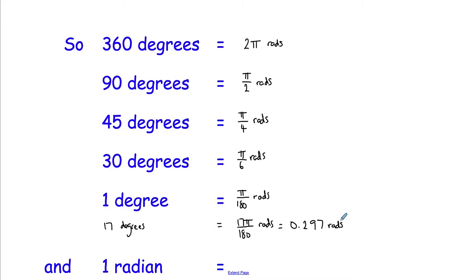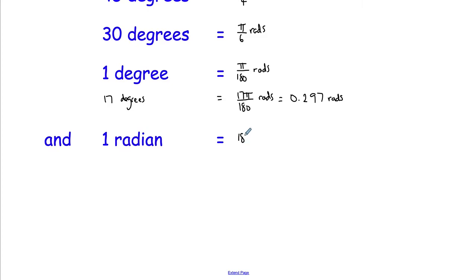Okay. Conversely, 1 radian, if we wanted 1 radian rather than 1 degree, that would be the reciprocal of pi over 180. So it would be 180 over pi degrees. That's less likely to be needed. We're unlikely to want 3 radians. 3 radians isn't a useful measurement. We tend to want multiples or fractions of pi.